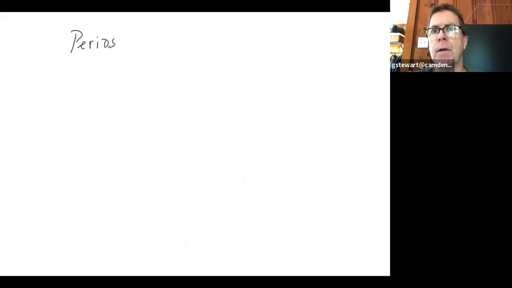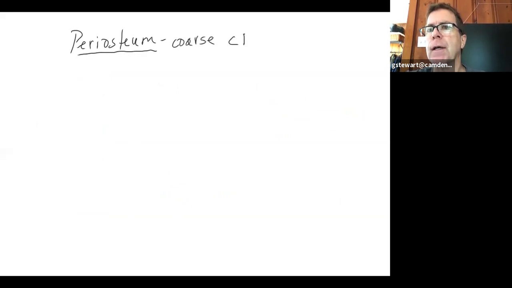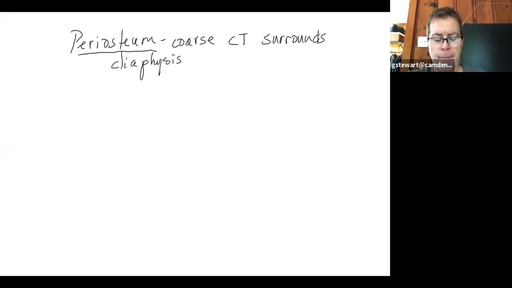And the first one I'm going to choose to talk about is the periosteum. That's coarse, dense connective tissue that surrounds or wraps around the diaphysis of a typical long bone. It's not just wrapped around, it's actually physically embedded or connected to the bone itself, and it looks like this.